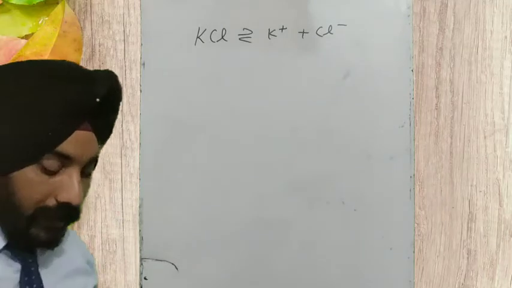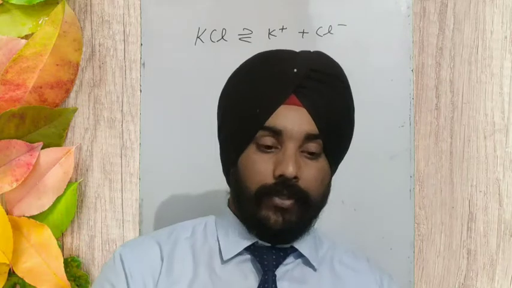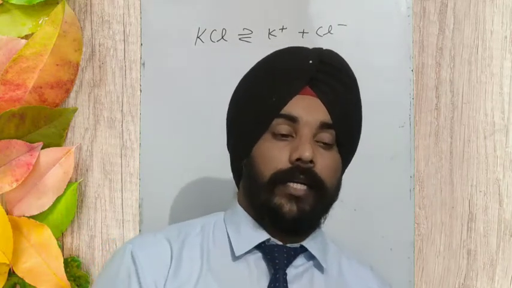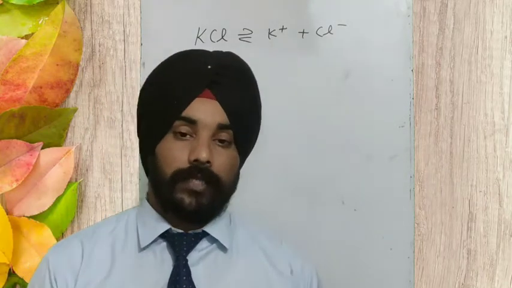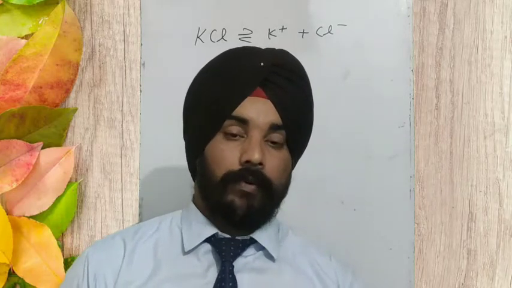So to understand how ionization or association or dissociation is going to change the colligative property, we first have to remember the definition of the colligative property.